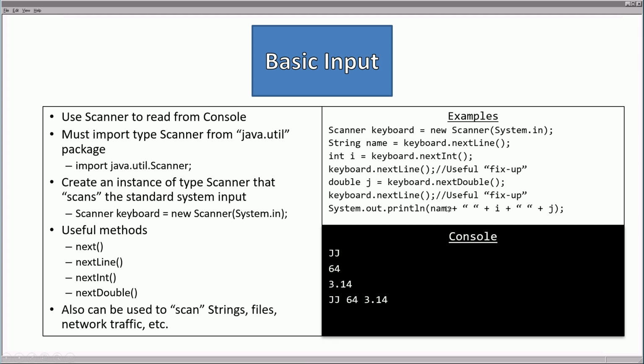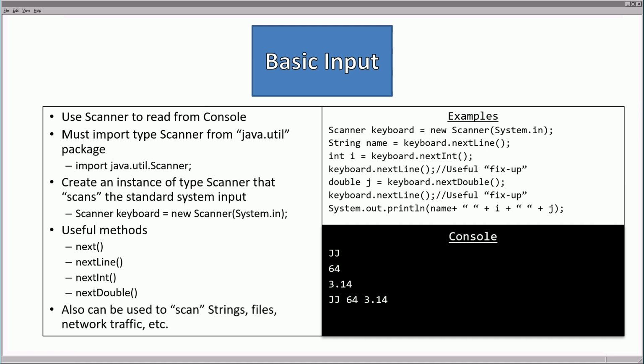We then use our fix-up after the nextDouble, and then we just print out the name plus a space, plus the value of i, plus a space, plus the value of j, which is what's outputted here. We inputted the values JJ, 64, and 3.14 and outputted those values formatted just like this.